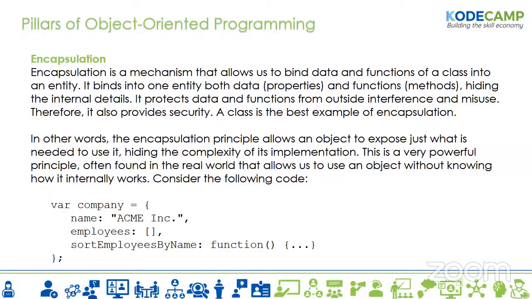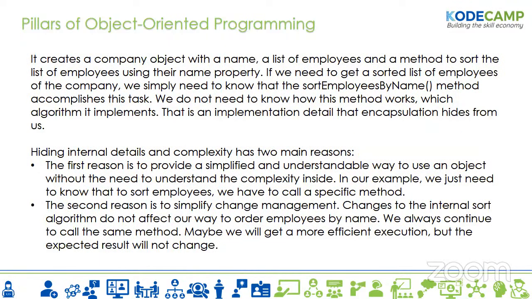But whoever is going to use this class or this function does not need to know the working principles or the algorithms that were used in sorting the employees by name. He does not need to know the type of algorithm that was used. He does not need to know the code that was involved. All the person needs to know is when you use this function, it sorts the employees by name. So let's look at it for instance now, okay?